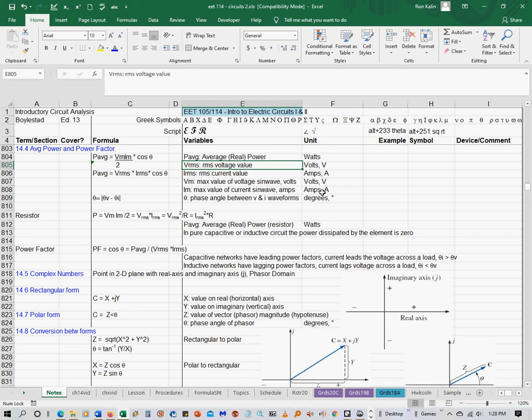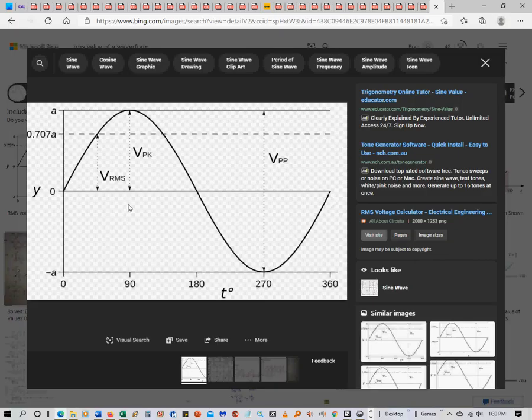So what you're doing is you have your waveform. Here's a graphical depiction of a voltage waveform. They're using V sub pk, or peak, to show you the peak value. What I was saying, V sub m for the max value, it's the same thing. That's the amplitude of this signal.